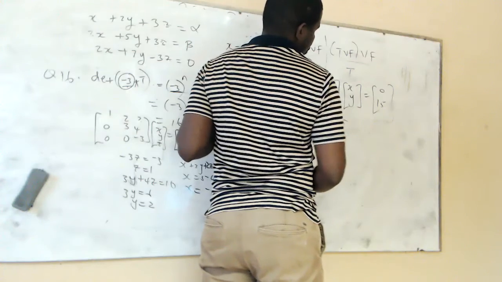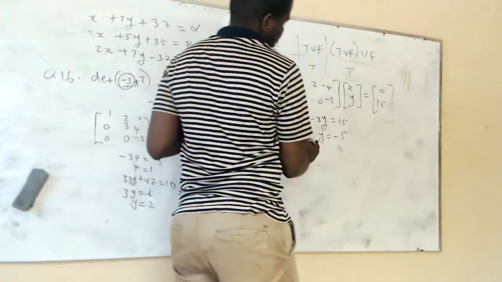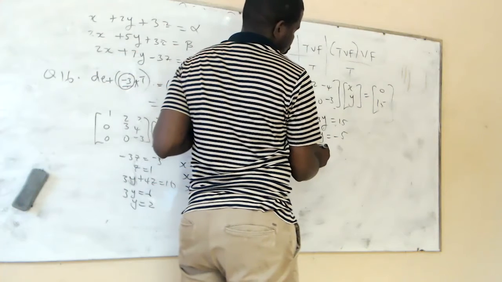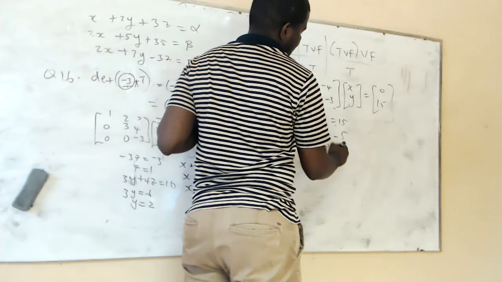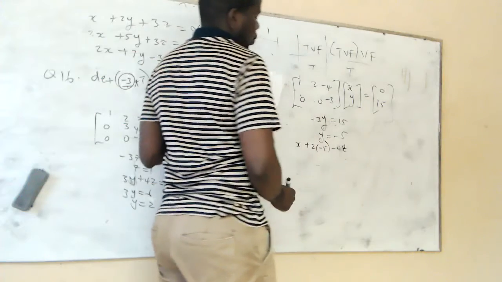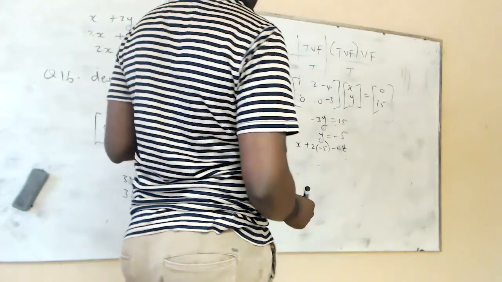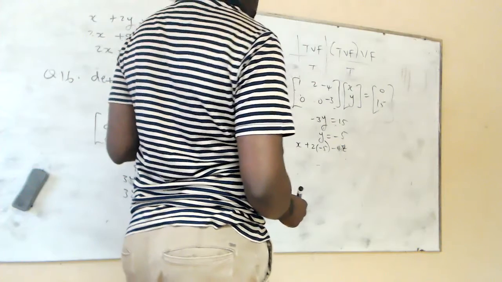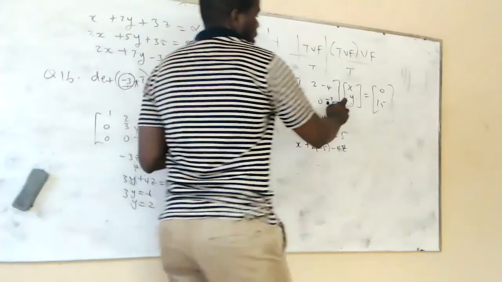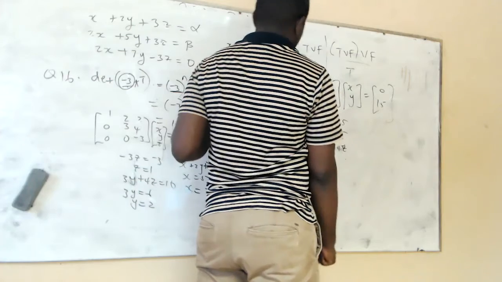Y will be equal to -5. Substitute there, it's going to be x plus 2, where we have y, we substitute -5, minus 4z. We have z here. Yes, we need to have that equal to what?